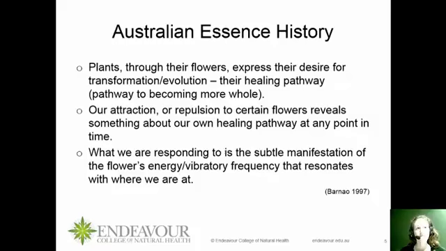Has that flower been part of my healing journey, or highlighted where my healing journey was heading? It's an interesting thing to think about, and if you feel like it, you might like to share that information with others.